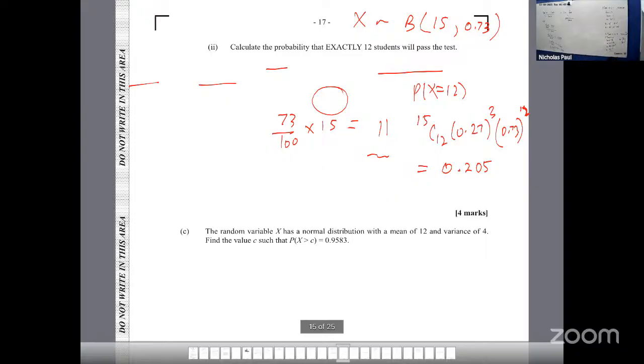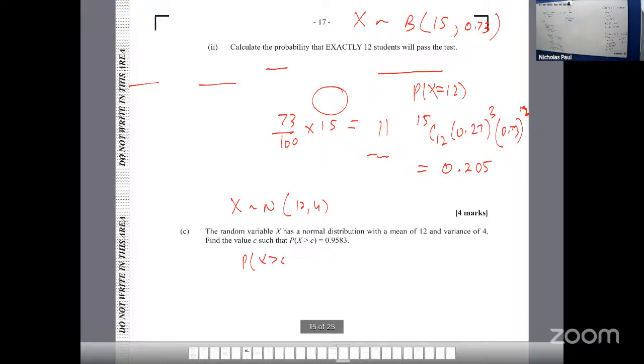So the last thing we have to do, they give us a normal distribution. X follows a normal distribution where the mean is 12 and the variance is 4.